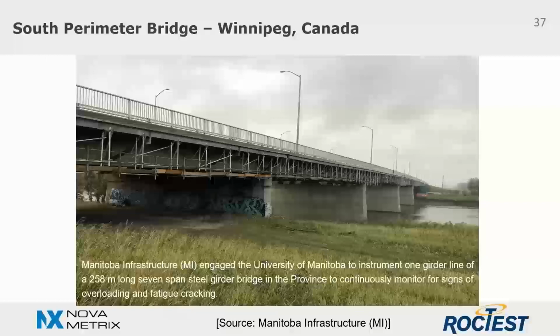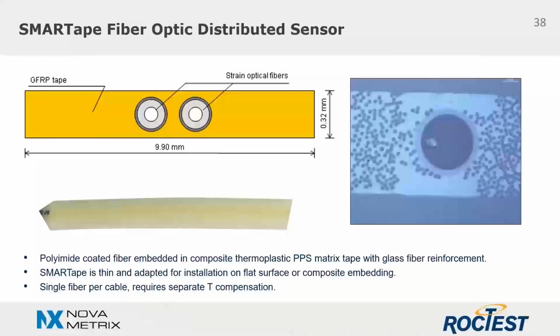So the client selected a distributed fiber optic system in order to localize and quantify abnormal strain and cracks every meter along an optical sensing cable.